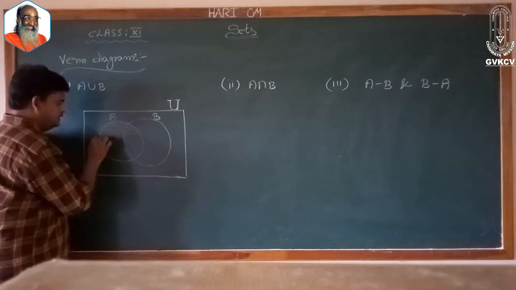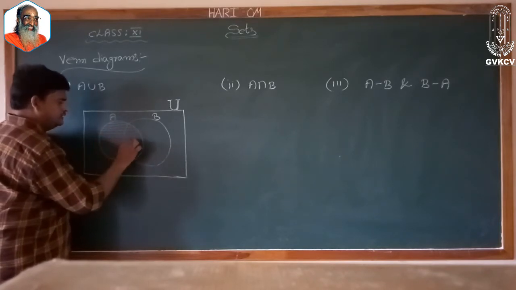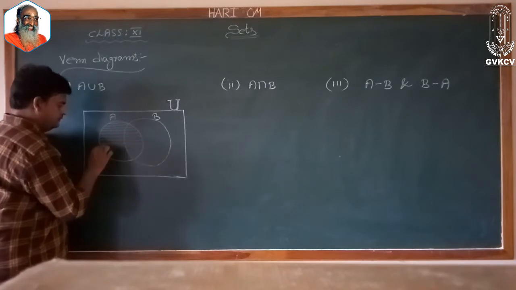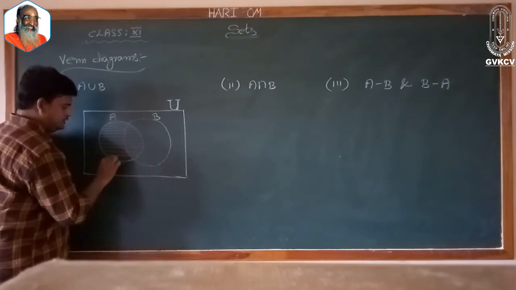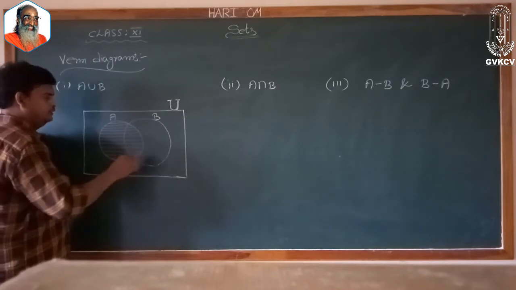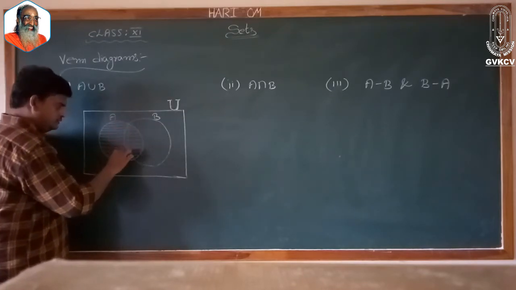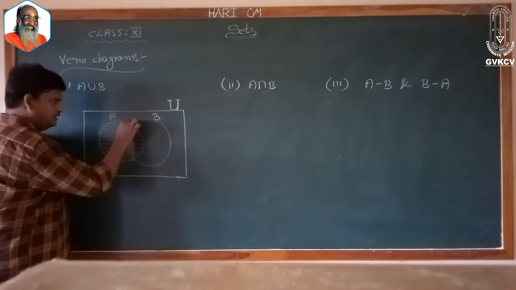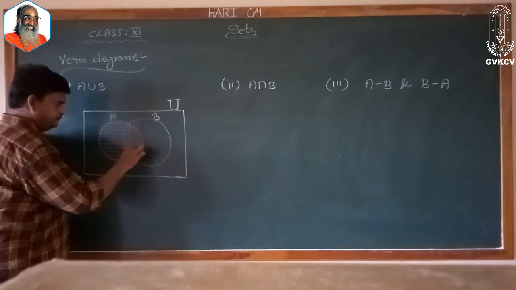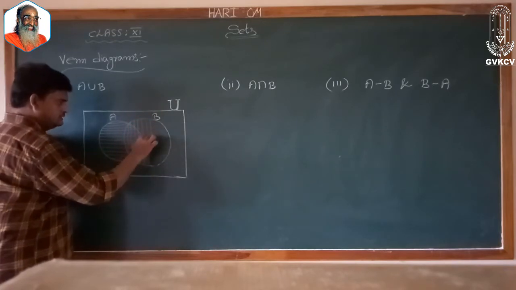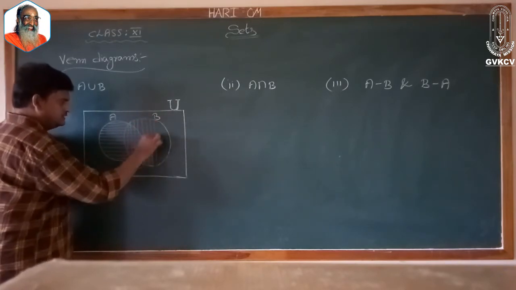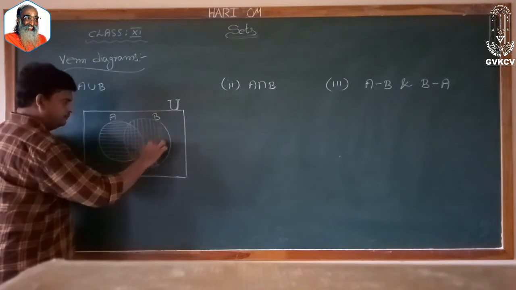So the horizontal lines represent set A, and the vertical lines represent set B.